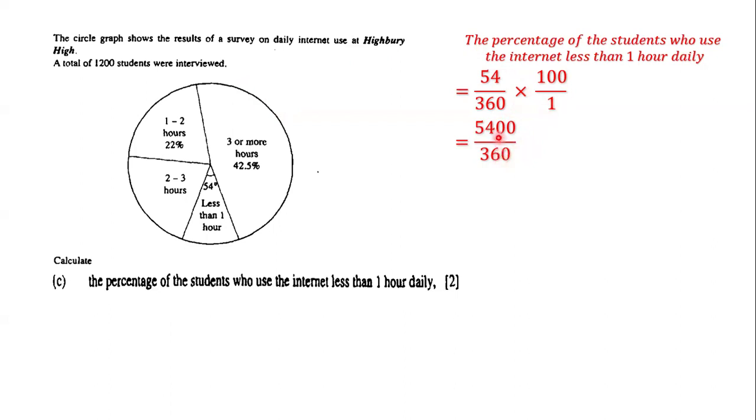So we divide 5,400 by 360, and that gives us 15. And so that means that the percentage of students who use the internet less than 1 hour daily is 15%. And that's the answer right here.